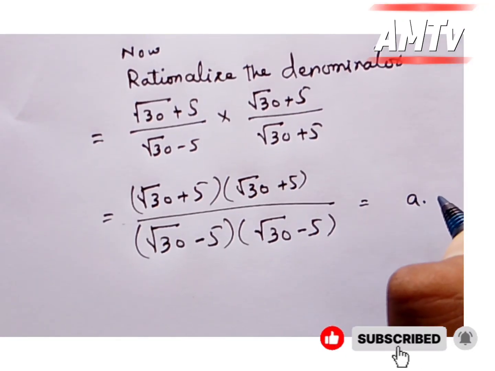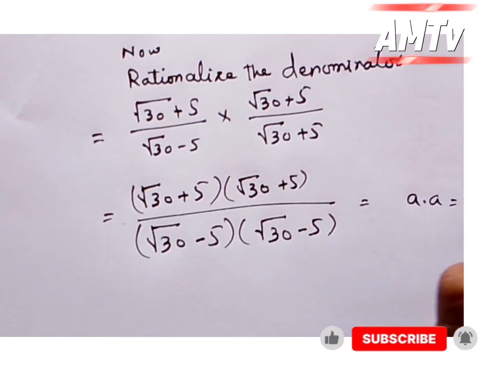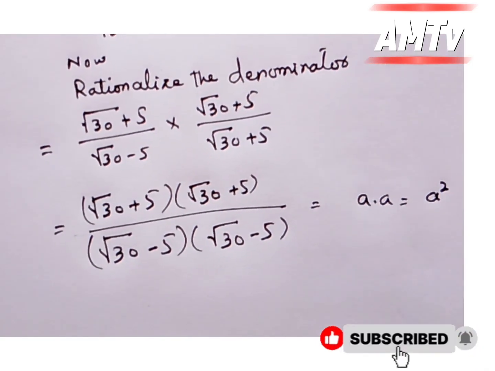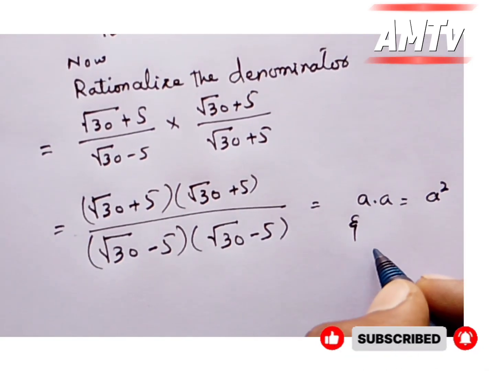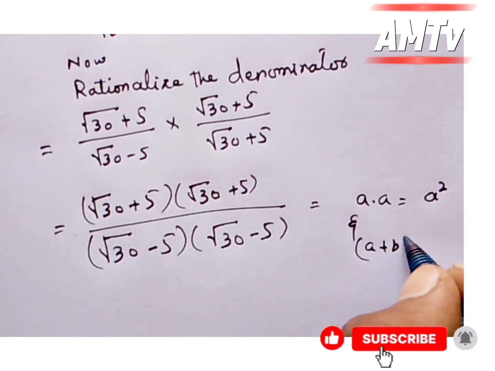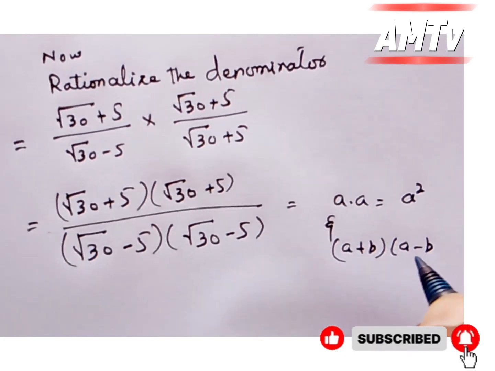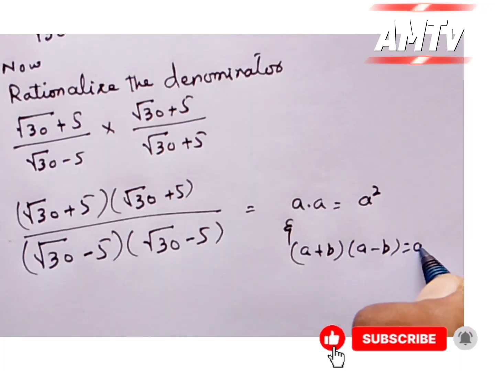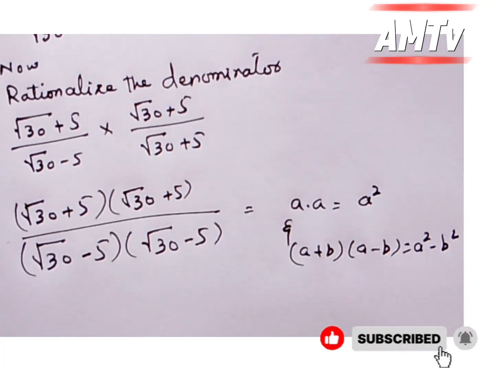A into A is equal to A square, and A plus B into A minus B is equal to A square minus B square.